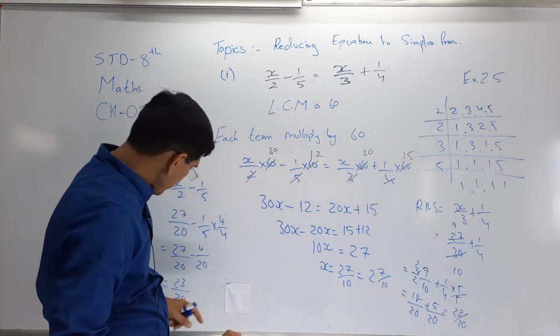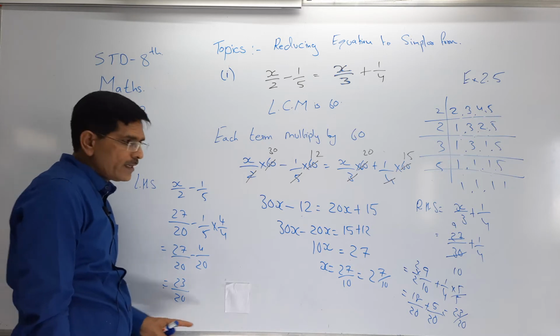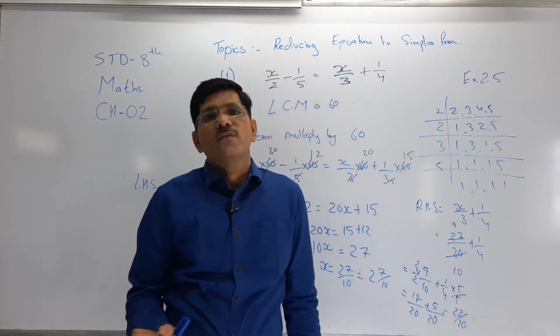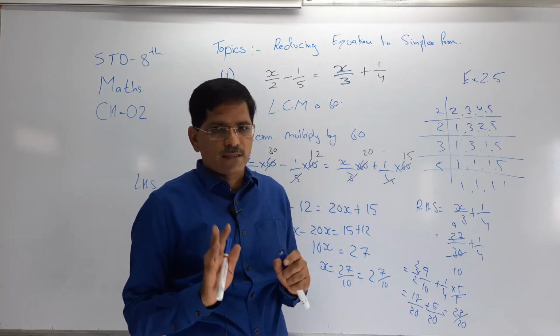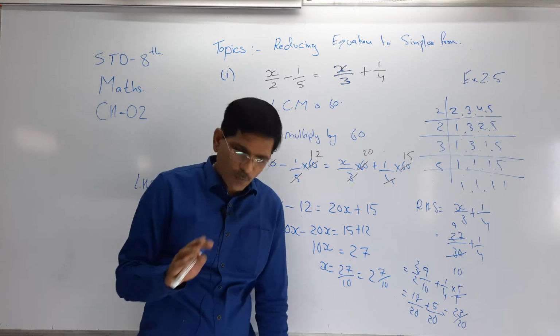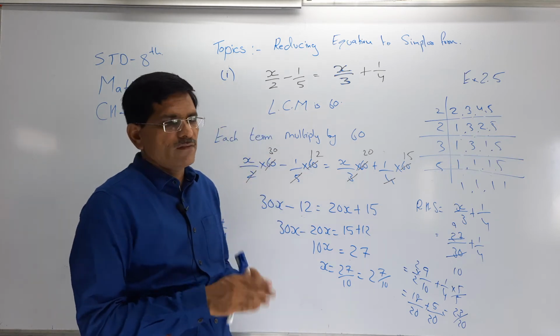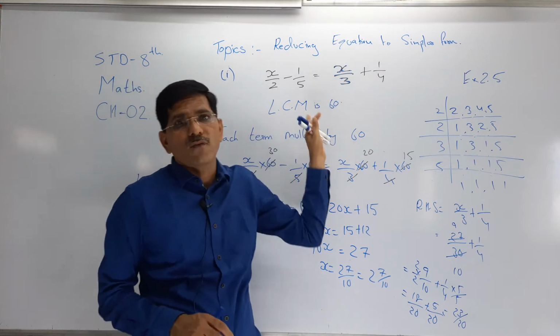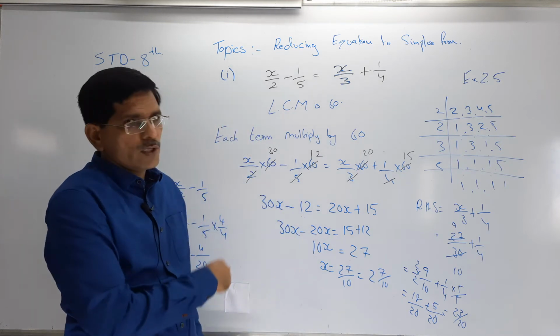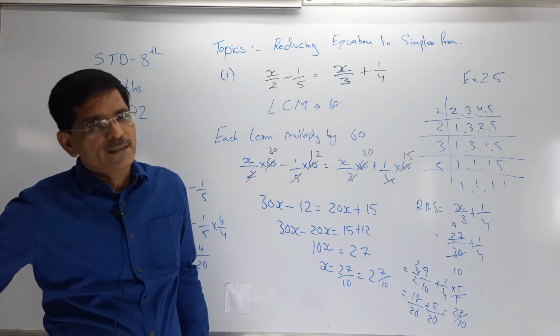It is for checking purpose, 23 by 20 here, 23 by 20 here. But if we think that our answer is incorrect, we have to check. Every time in a question it may say to check, but in big questions, simplifying it is not necessary to check, but still I have checked both sides and given the correct answer.